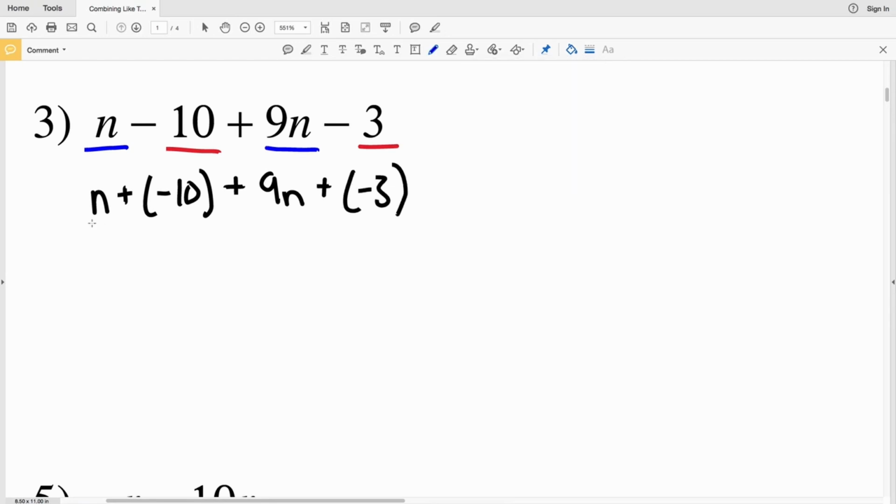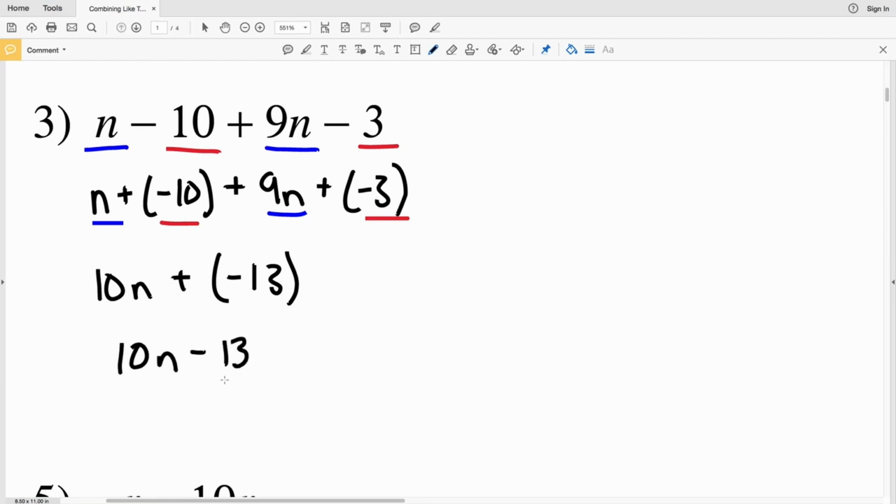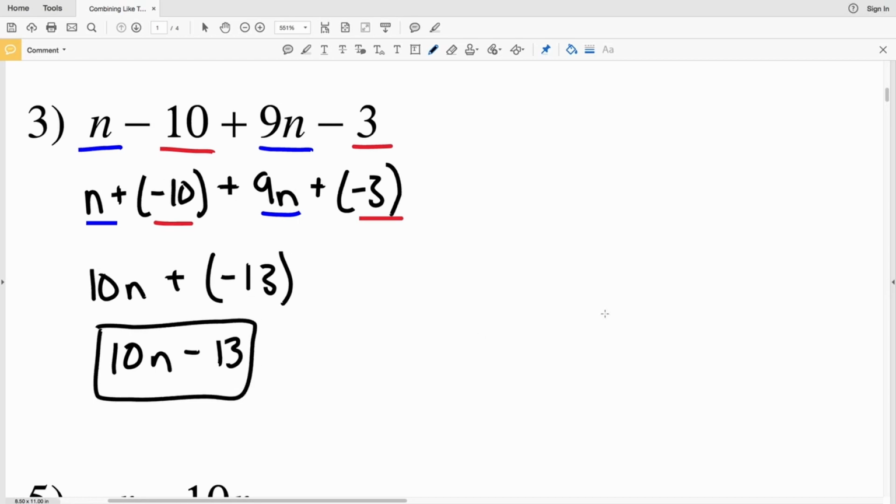Again, we're combining the n's, and we're going to combine numbers that are not coefficients. So n plus 9n is going to give us 10n, since 1 plus 9 is 10, times n is 10n. Negative 10 plus negative 3, we're going further into the negative, so that's going to be a negative 13. Rewriting this, we get 10n minus 13. And that's our answer for number 3.